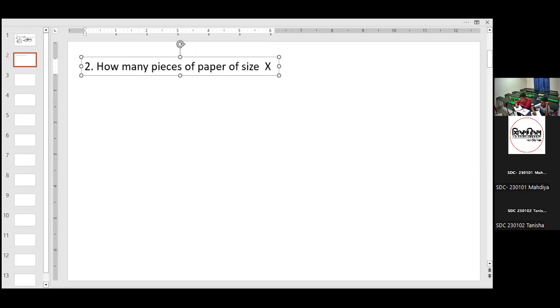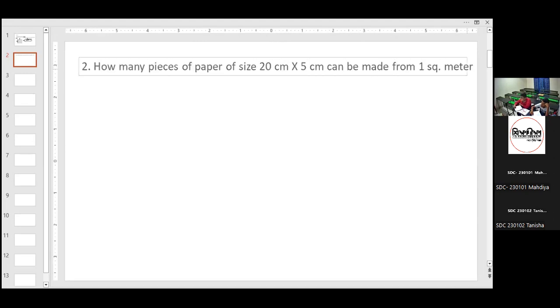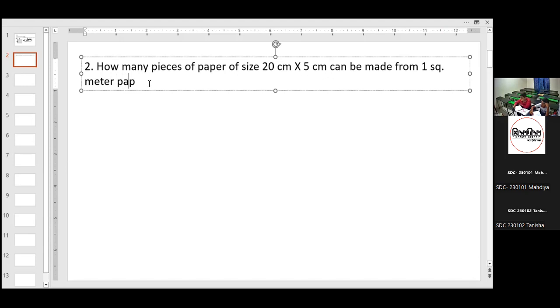I'm going to go for that. Okay, how many pieces of paper of size 20 centimeter by 5 centimeter can be made from 1 square meter paper.